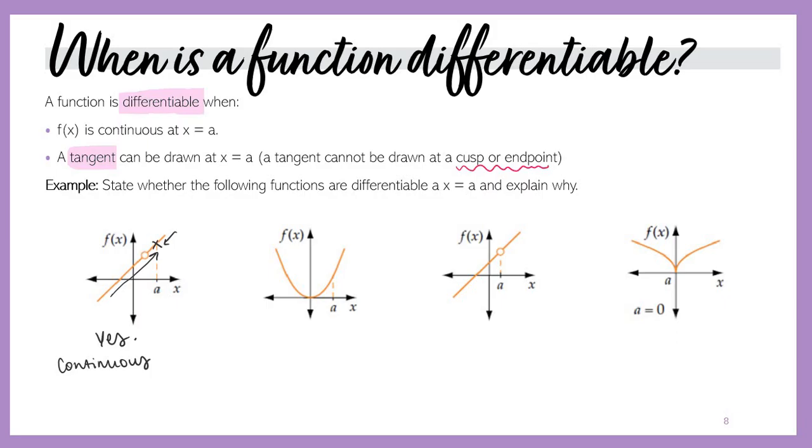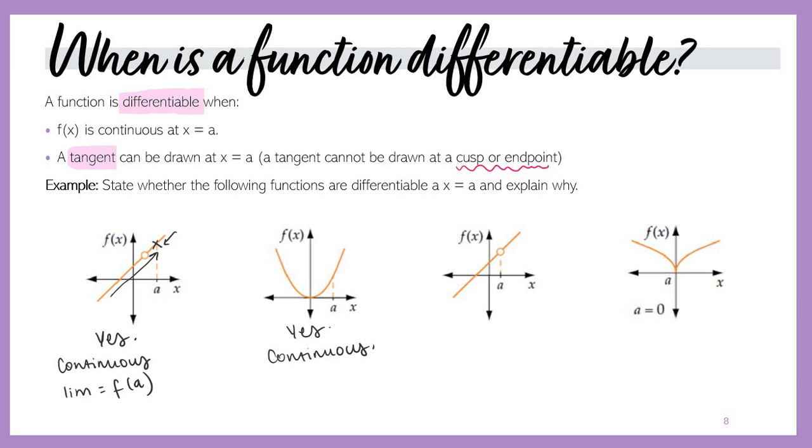The other thing I can see is if I take both of those limits, they are going to be equal to if I subbed in the value a, okay? Very similar for this next one here. I can see that it's continuous and that limit approaching from both sides is going to be equal to if I subbed the value a in.